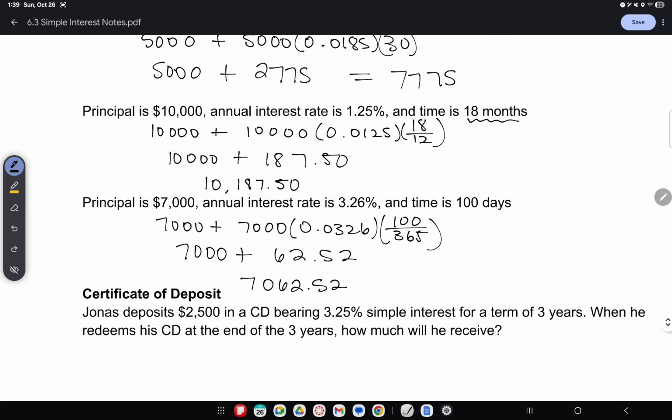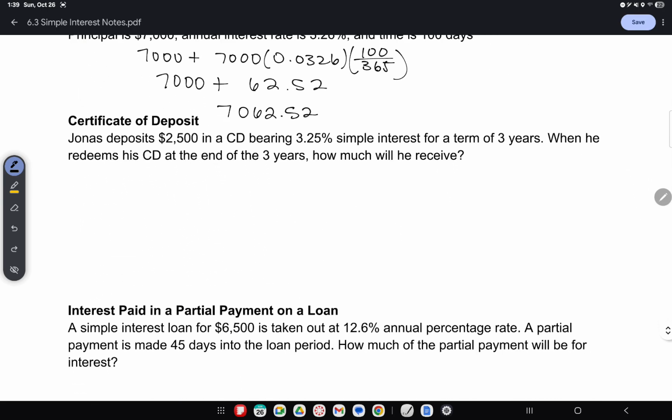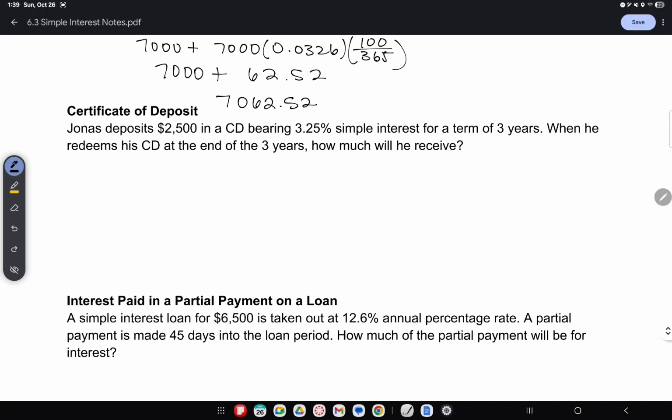All right. So let's see, we deposit $2,500 in a CD bearing 3.25% simple interest for 3 years. How much will he receive? So all right, that's that 2,500 plus 2,500 times 0.0325 times 3.